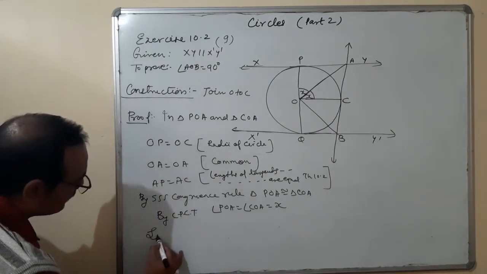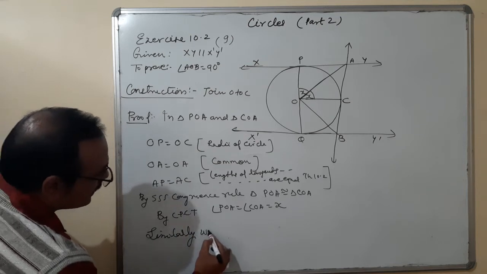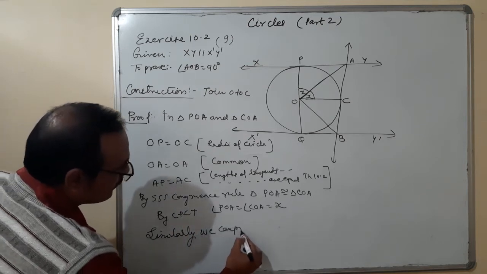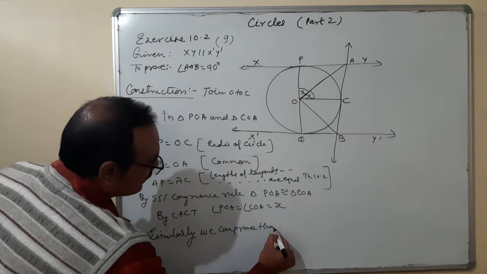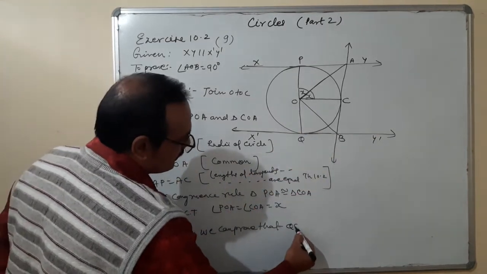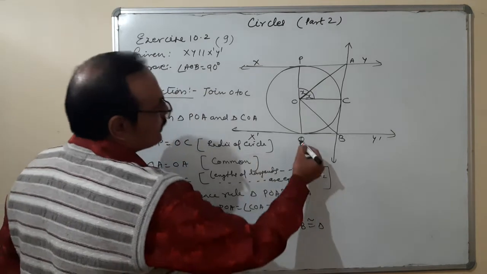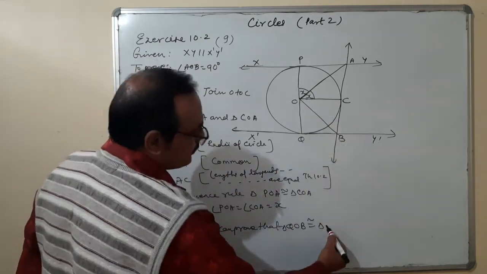Similarly, we can prove that triangle QOB is congruent to triangle COB.